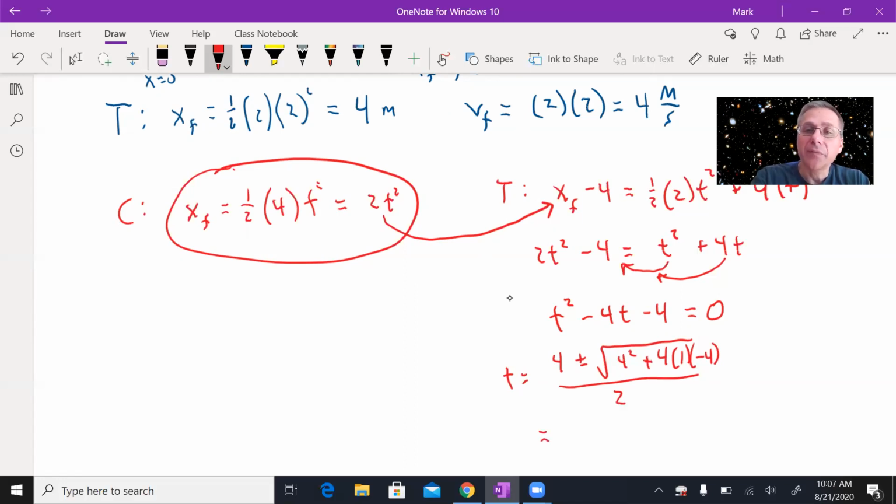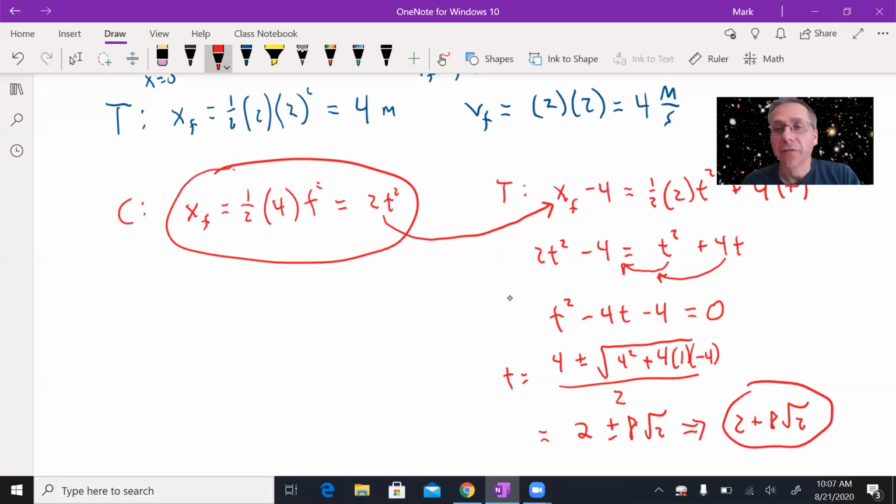And in the end, you get something like 8 root 2. We want the positive solution always for time. So we can actually figure out the time. I'm not going to worry about what number that is, but we do that by solving the system.